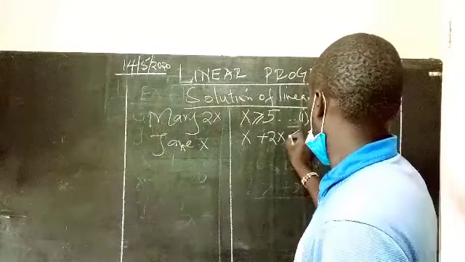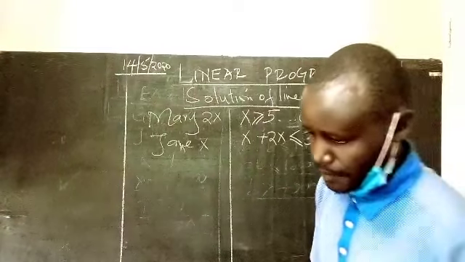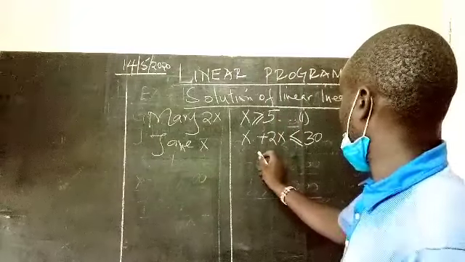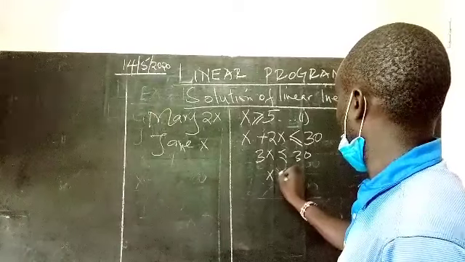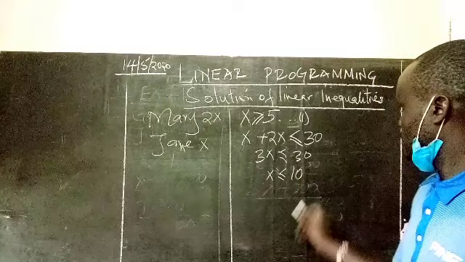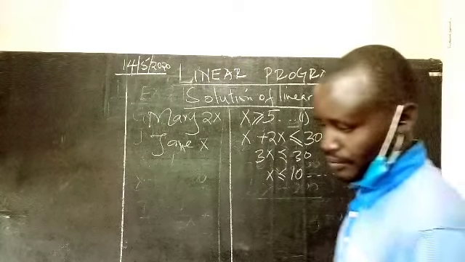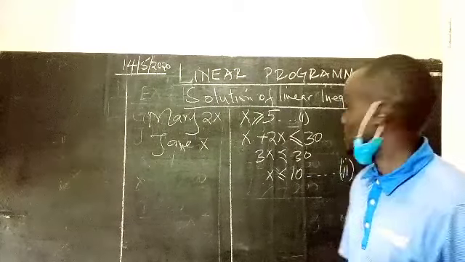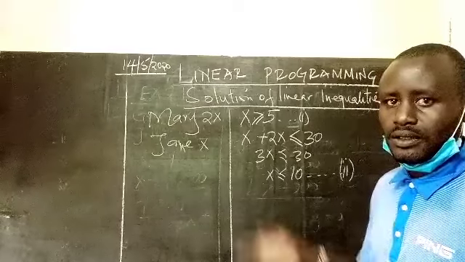So, less or equal to 30 years. And for this case, we are going to collect the like terms. We are going to get 3x less or equal to 30, so that we get x is less or equal to 10. So this one is going to give us the second inequality. Now, we have the two inequalities which satisfy the information given here, x.